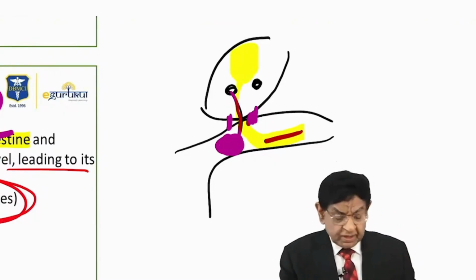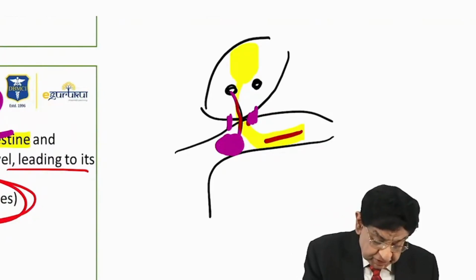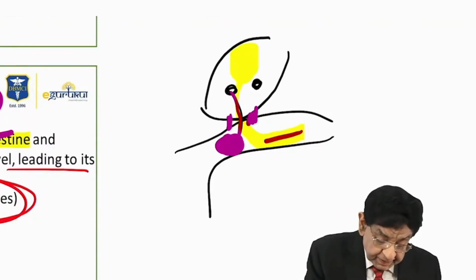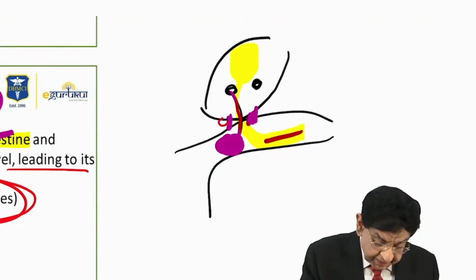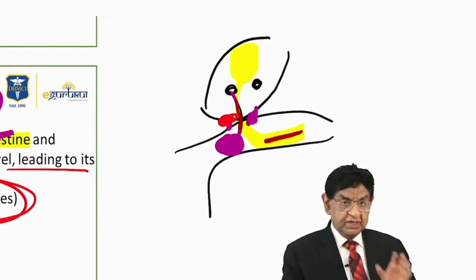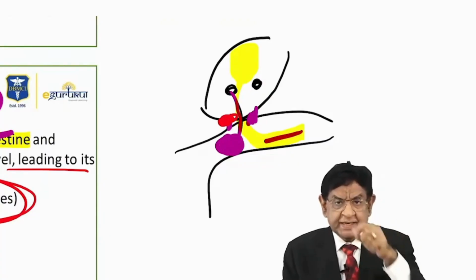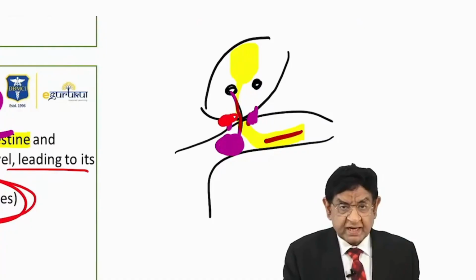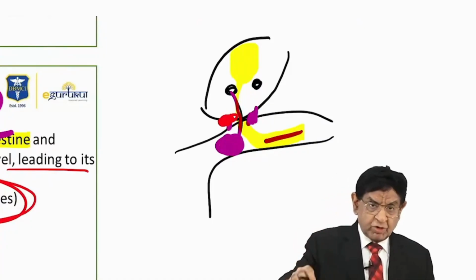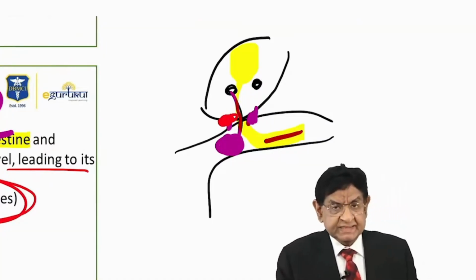But what about the stone? We may have a stone like this, which has come, and from the fistula it has come out. From the fistula or any opening in the gallbladder wall it has come out, but it could not enter the intestine.